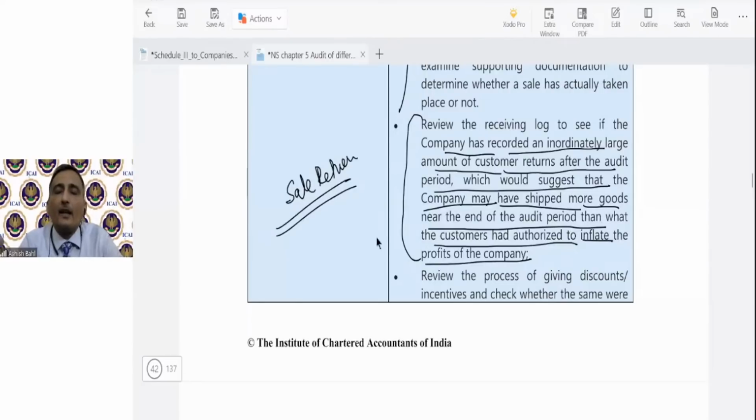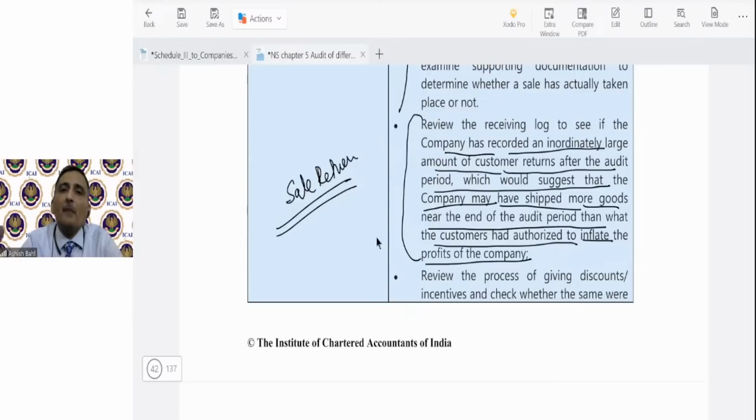What unhealthy practices some entities may adopt is that they may book more sales near the end. So the purpose may be to inflate the sales figure and to inflate the profit figure also.